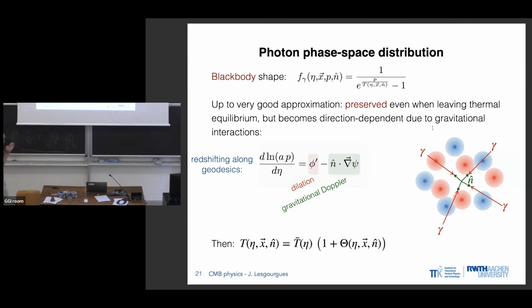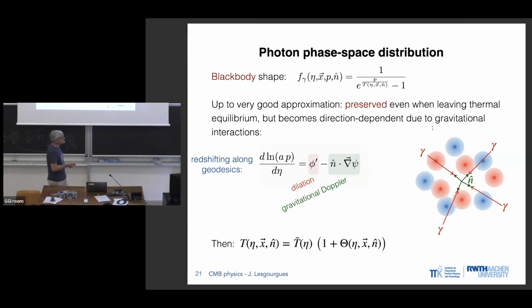So this effect of the last interaction that can give or extract a bit of momentum from the photon is responsible for a very small effect, the CMB spectral distortions, which are described at the end of my notes, but I don't think we will get there. You can neglect it in a CMB lecture because it's very small. So you can do everything assuming a perfect black body shape, and then refine your description taking into account spectral distortions.